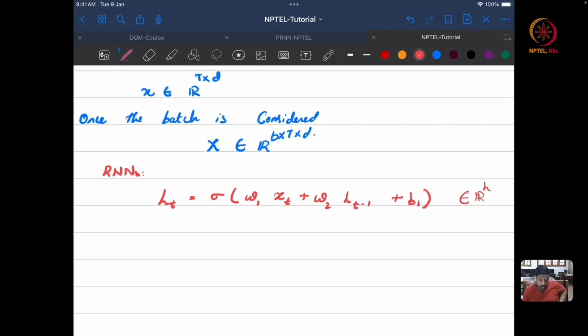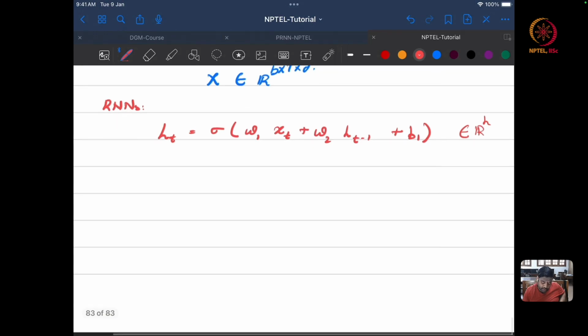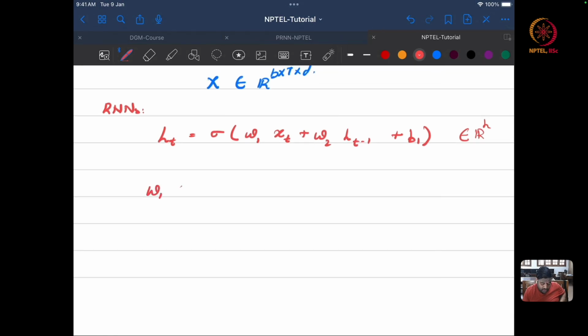Finally, whatever we get should belong to R^H. What do we mean by that? These are additions, so all of the terms individually should belong to R^H. That is what we have to define now. W1 will be a matrix that is H cross D, W2 belongs to R^{H cross H} and b1 belongs to R^H.